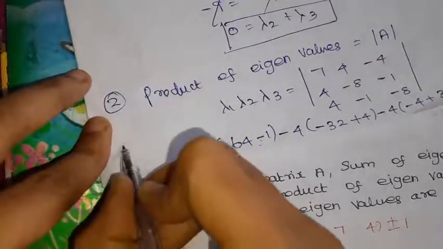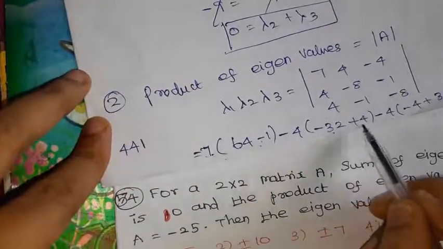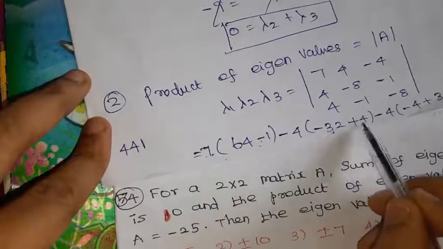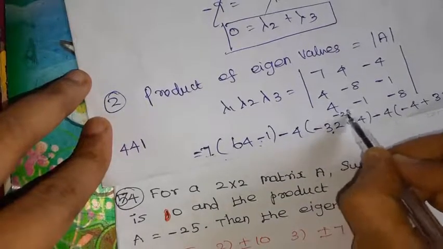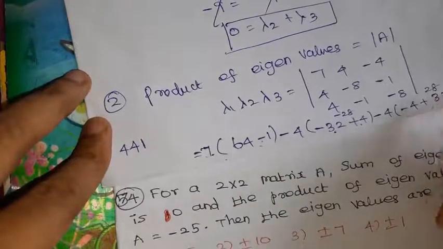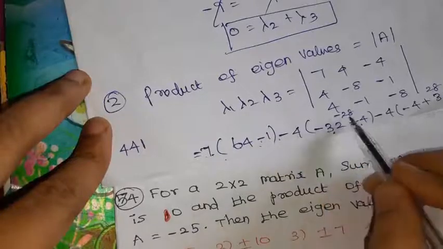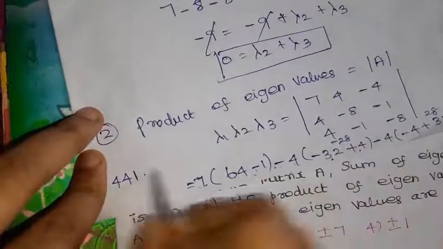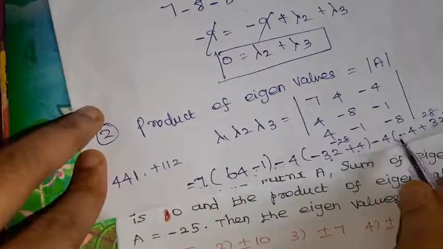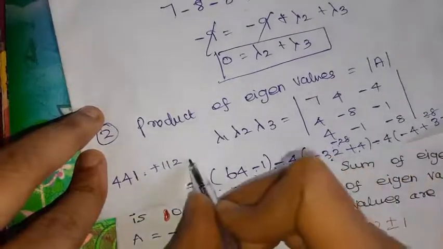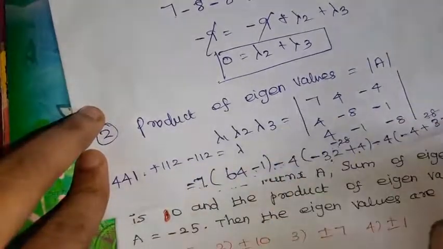441. Then minus 32 plus 28 gives minus 28, and minus into minus gives plus, so 28 into 4 is 112. Here also the same thing, 28 into 4, so minus 112 equals lambda 1, lambda 2, lambda 3.